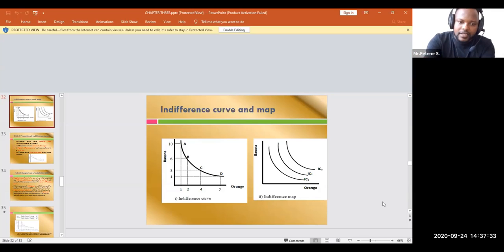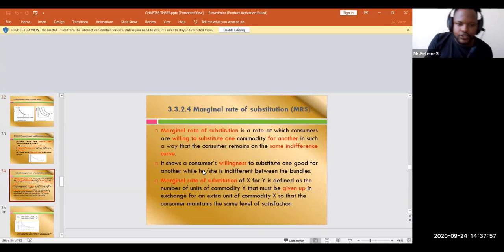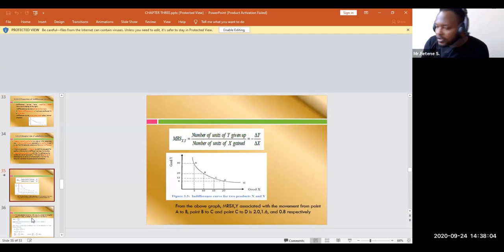So the indifferent curve shows that moving from A to B, substituting, the consumer gives up y. Giving up, the 10 becomes 6, and x consumption goes from 1 to 2. This is what it shows. The slope of this indifferent curve is called marginal rate of substitution.